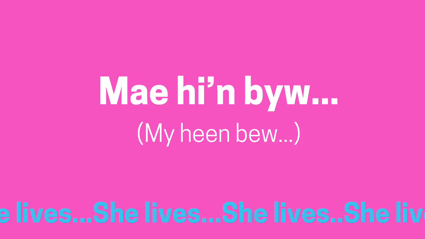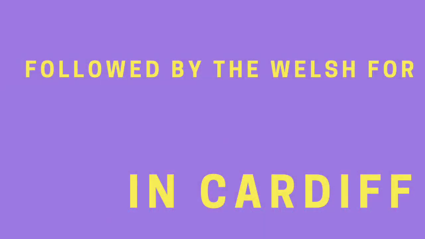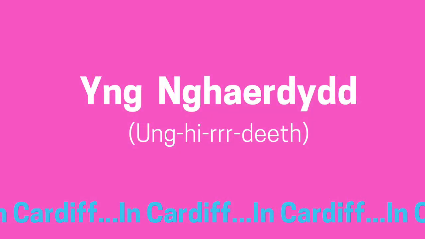So let's get back to that phrase, mae hi'n byw. Mae means is. We've already learnt that hi in Welsh means she. Apostrophe n and byw create the word living. So, mae hi'n byw, she is living, followed by in Cardiff, yng Nghaerdydd.